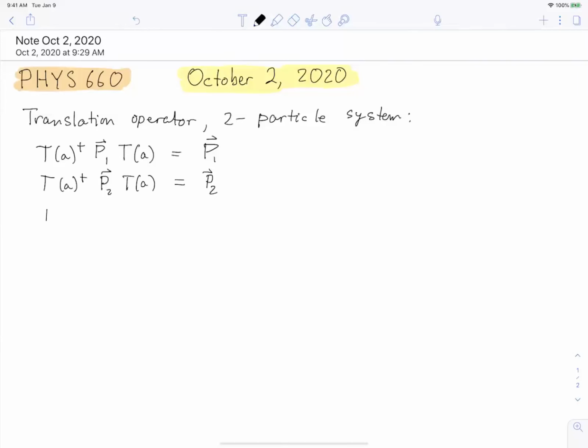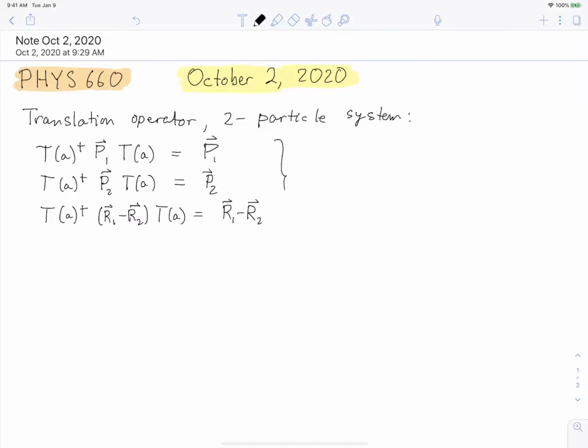And we had also noticed that if you do the same thing for the difference in the position operators for the two particles, you get back the same thing. But it's not true of the sum of the two particle positions or for the two particle positions independently.